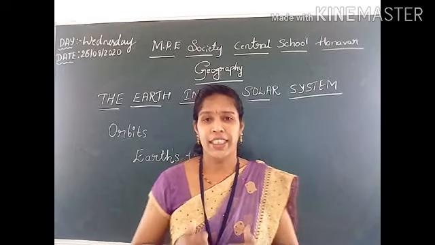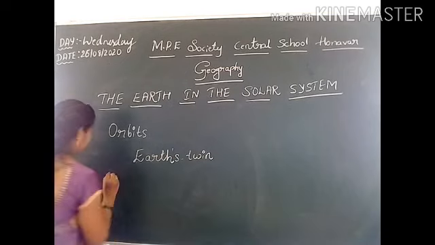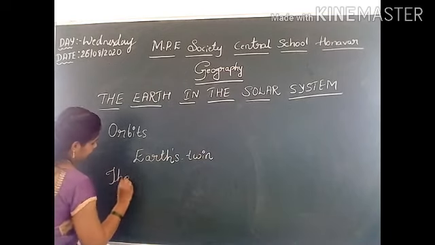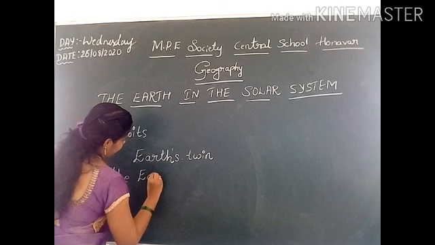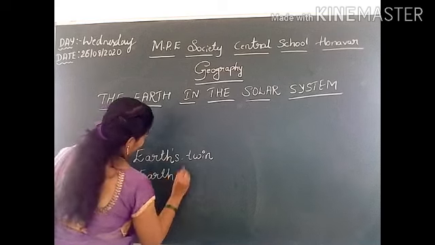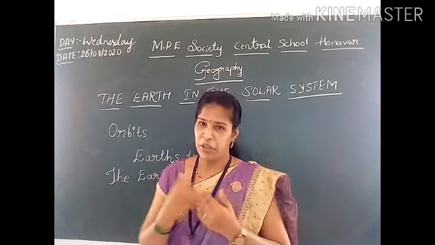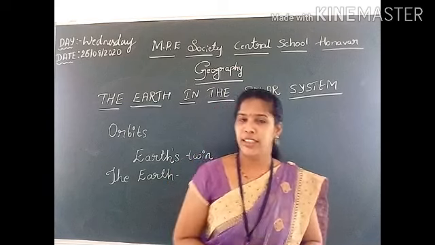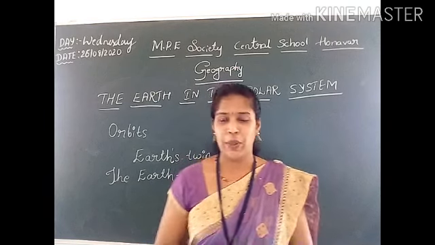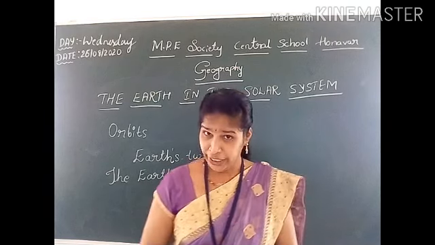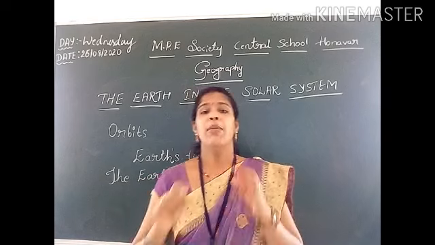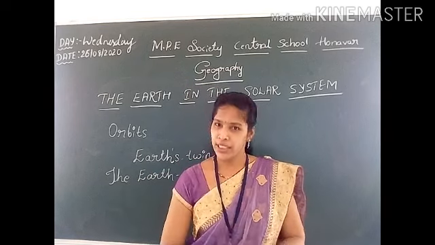Next, the Earth. Means our planet. The Earth is the third nearest planet to the Sun and it is the fifth largest planet in the solar system.